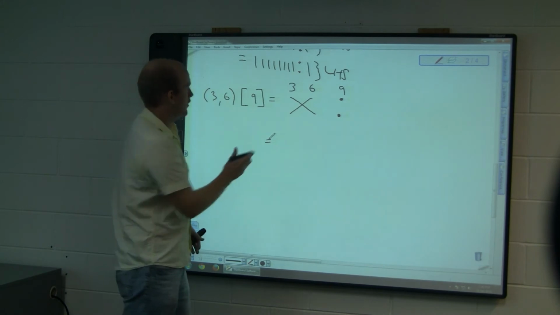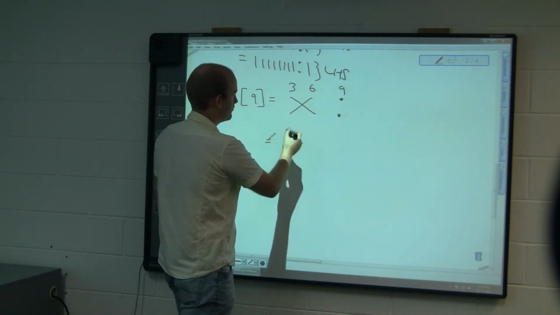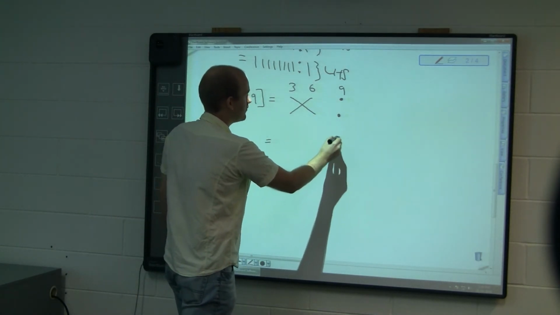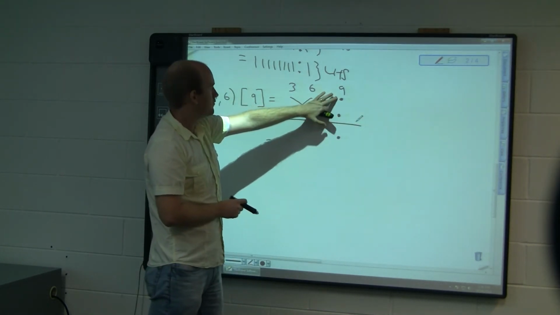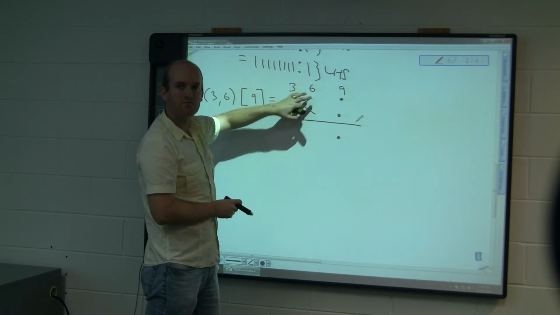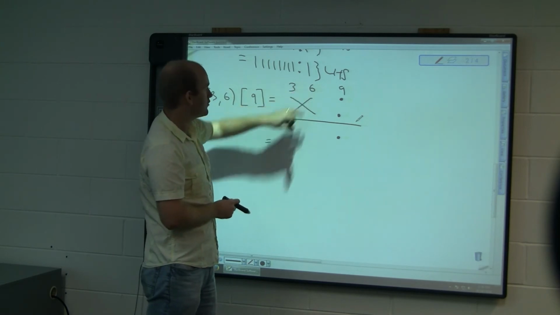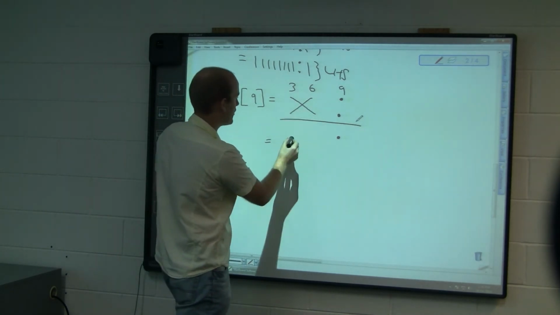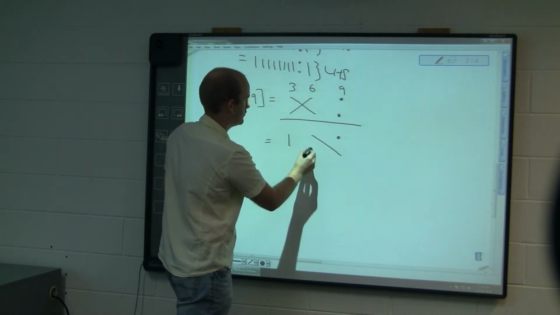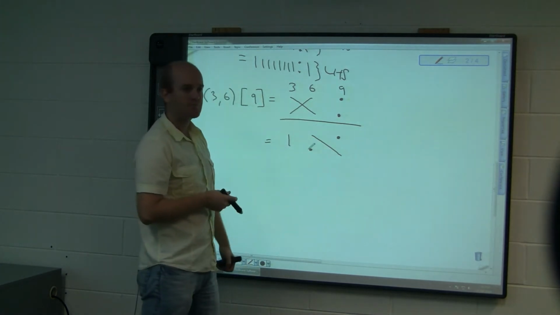Basically, the first 2-trail is going to have the point 9 missing. If any of the other points were missing, then we'd destroy the fact that 3 and 6 do map somewhere. So 9 is going to have to go somewhere, and it doesn't really matter. We could do that.